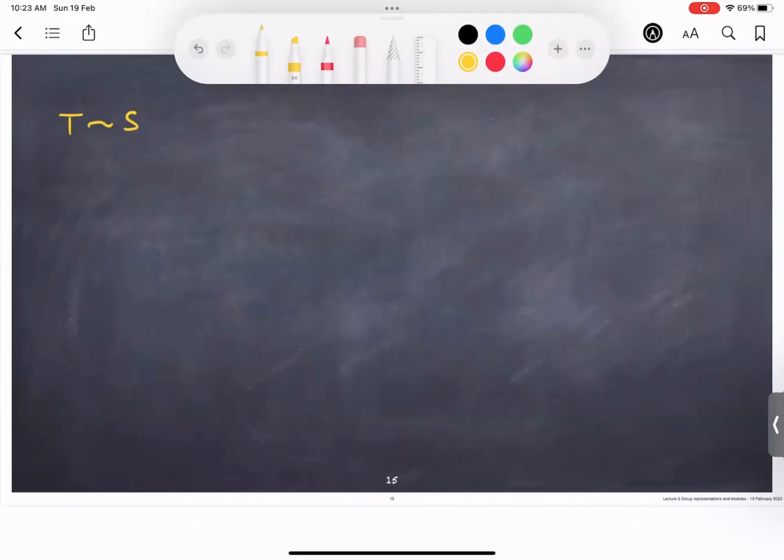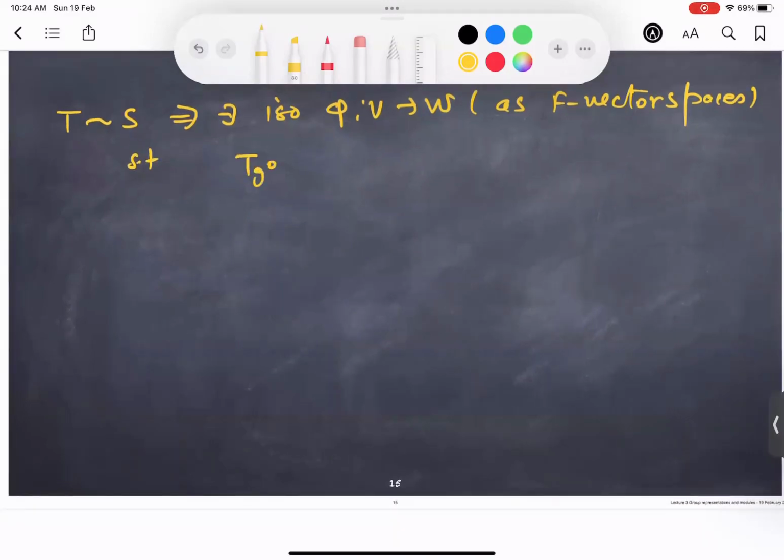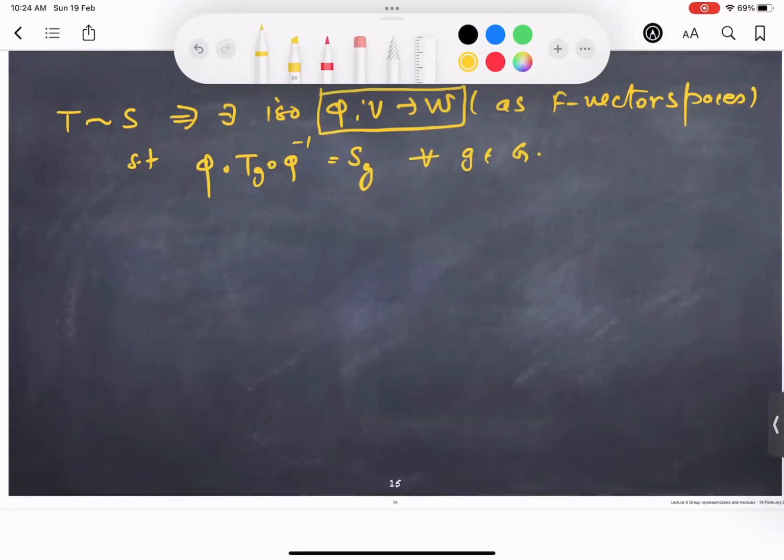T is equivalent to S implies that there exists an isomorphism phi between vector spaces, isomorphism as F vector spaces, such that T_g composed with phi inverse and phi gives you S_g for all g in G. So what I will show to you is that the same mapping phi from V to W, which is an isomorphism as vector spaces, is also an FG isomorphism.